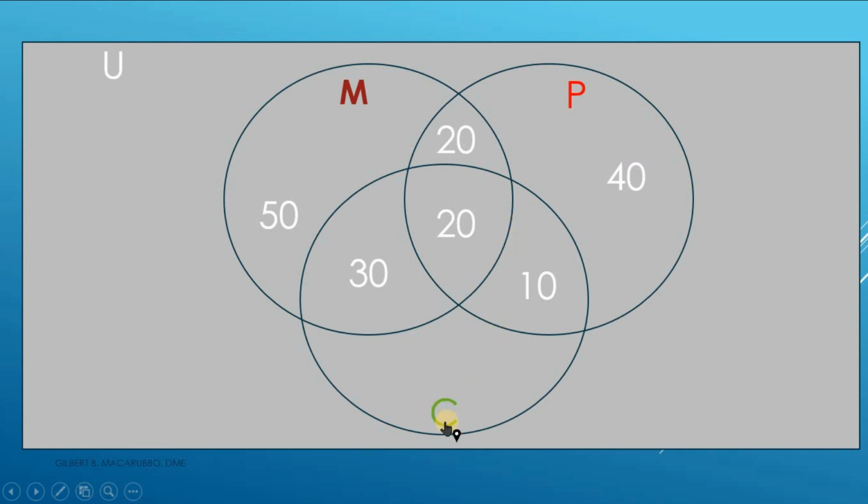Then last, yung chemistry. So sa chemistry naman ay 70. So ilan pang idadagdag natin para makuha natin yung 70? So since we have data 30 plus 20, we have 50 plus 10, we have 60. So ang idadagdag natin ay 10.